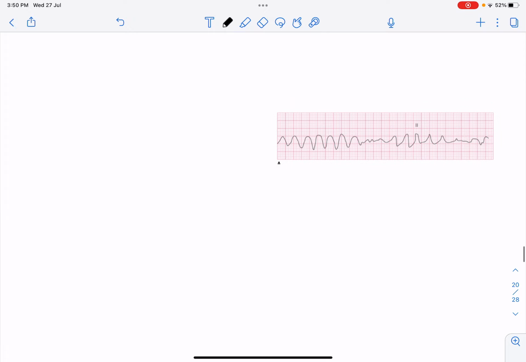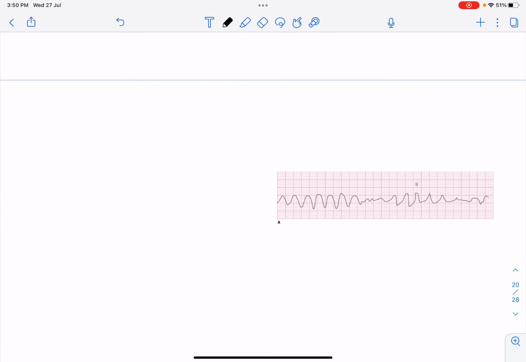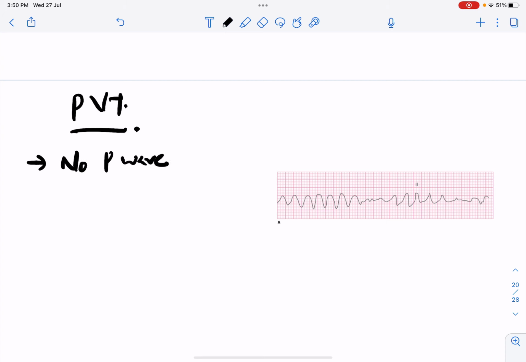So moving on to the broad irregular tachycardia. First one, polymorphic VT. This is not pulseless VT, it's polymorphic VT. So no P wave associated with the QRS complex.